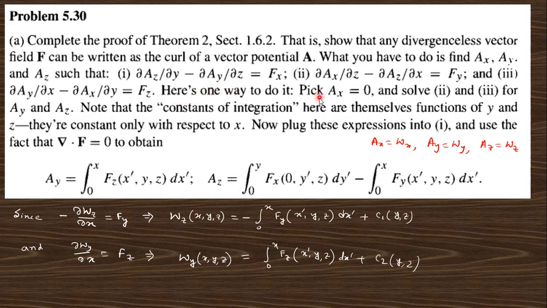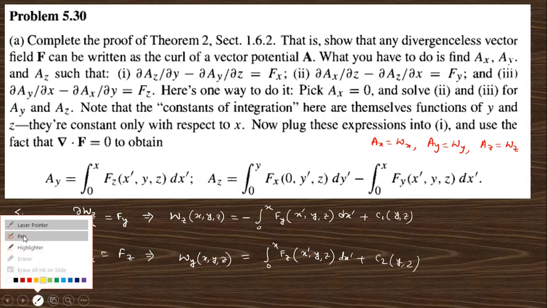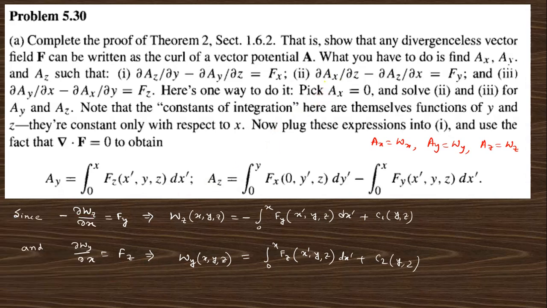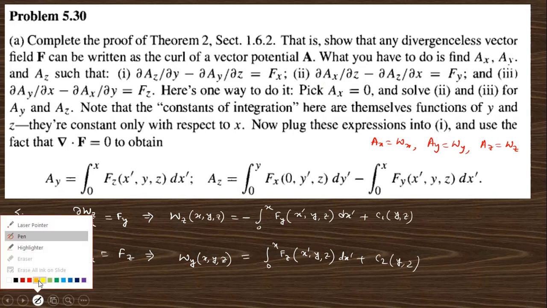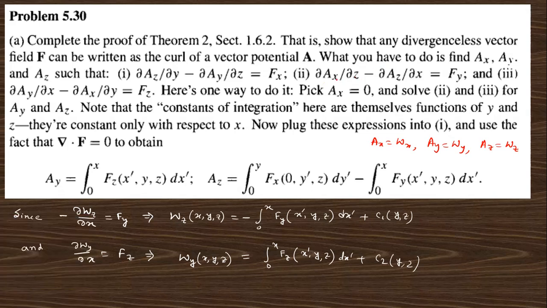Here, one way to do it is to pick Ax equal to 0. If you take Ax equal to 0, then from equation 1 you get ∂Az/∂y minus ∂Ay/∂z, and from here you get that this is Fx.